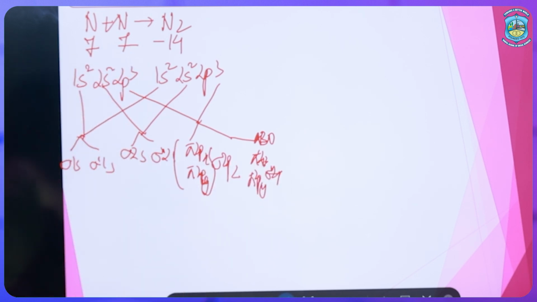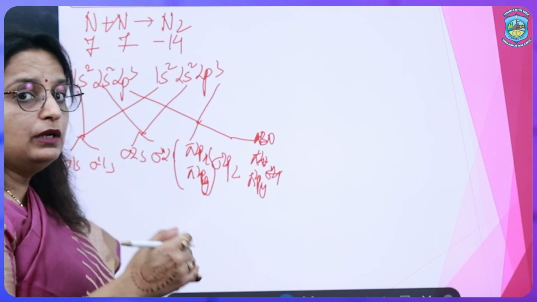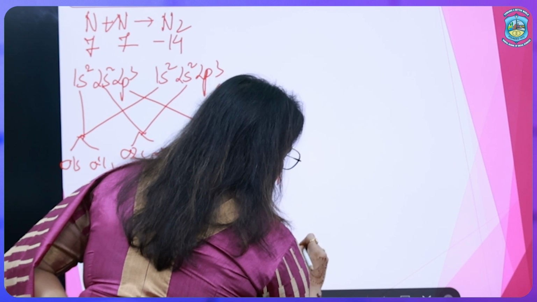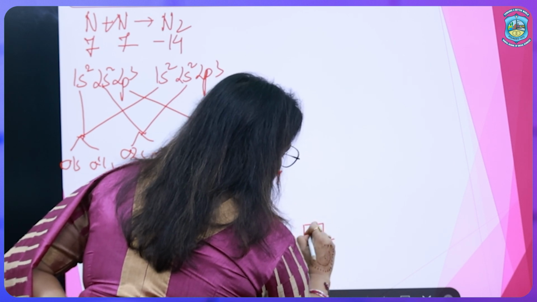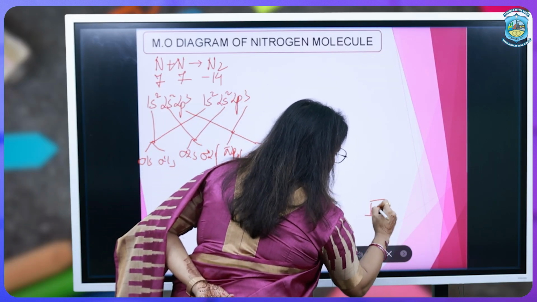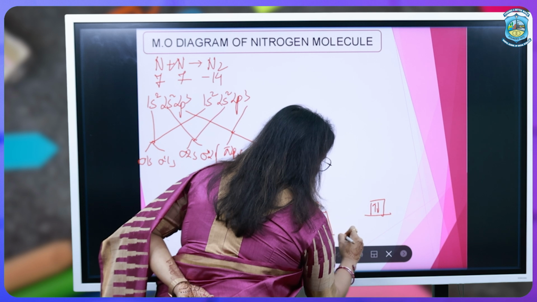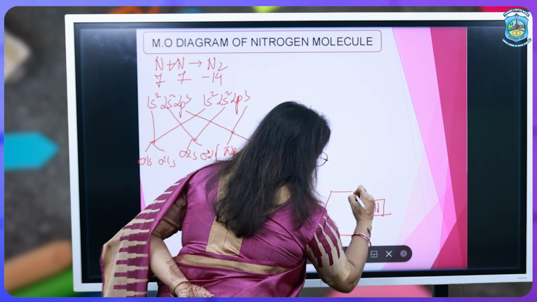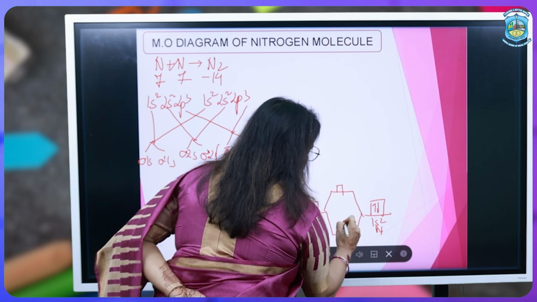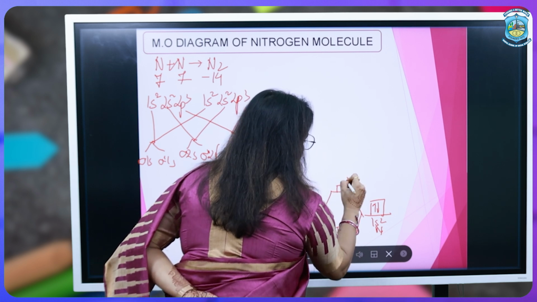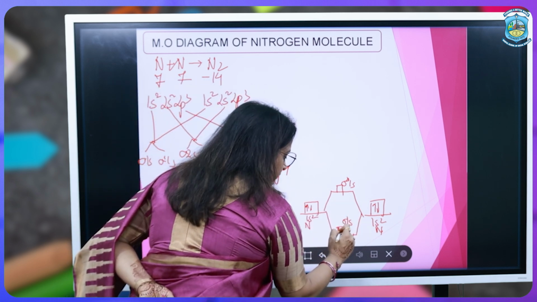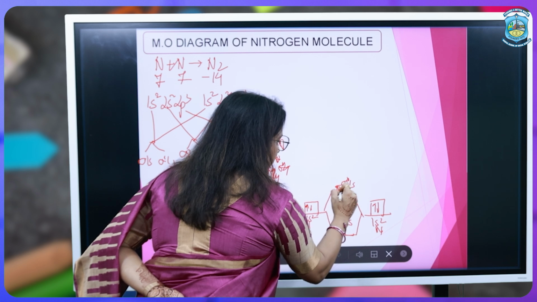Now how are we going to draw the MO diagram, starting from the lowest energy molecular orbital? Starting from the bottom of your notebook, we form 1s2 of N and 1s2 of another N atom. This is sigma 1s and this is anti-sigma 1s, holding 2 and 2, 4 electrons.